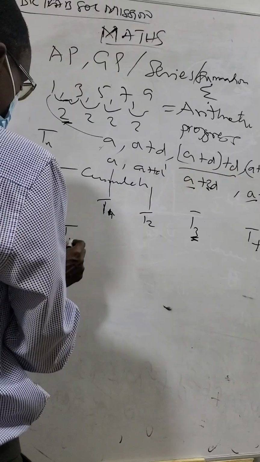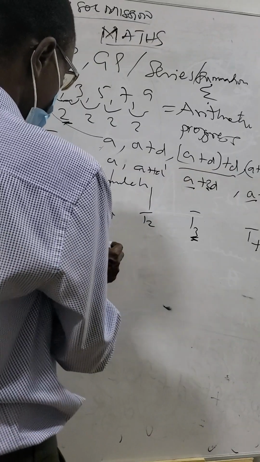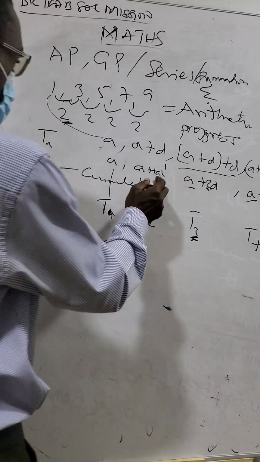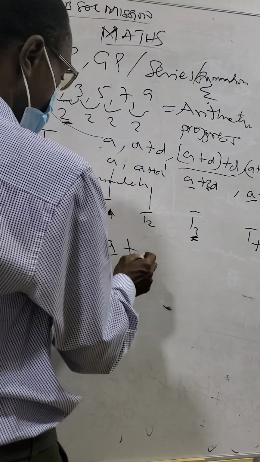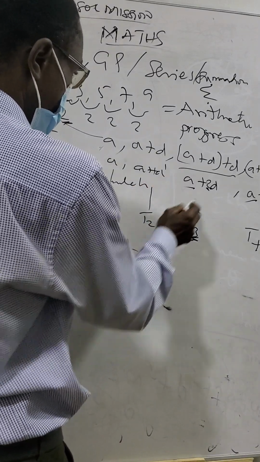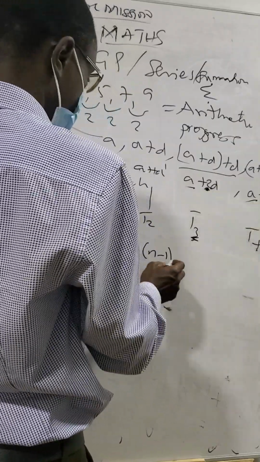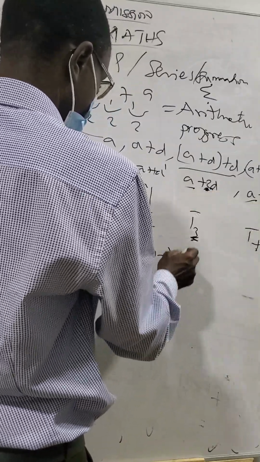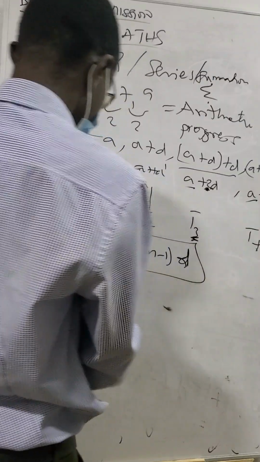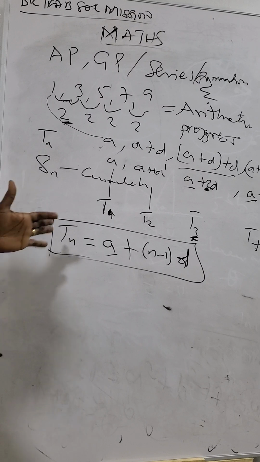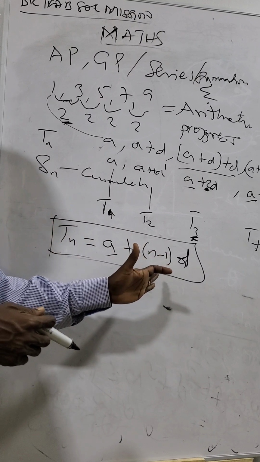So from this, you can deduce that Tn will be equal to A, which appears in all the equations, plus, if the term is n, n minus 1 times D, because as it happens here, 3 becomes 2 and 4 becomes 3, and then the difference comes. So this is a simple way to get the general formula for the arithmetic progression, or sequence.